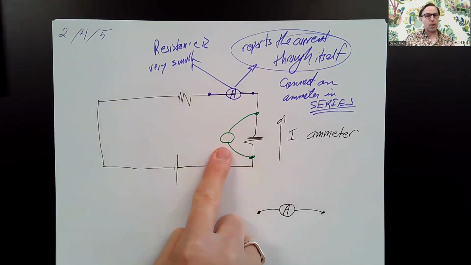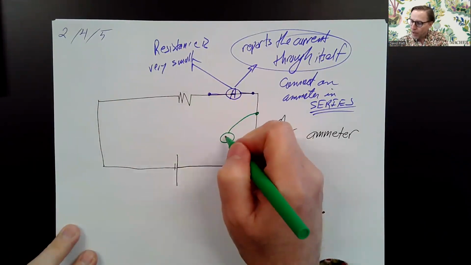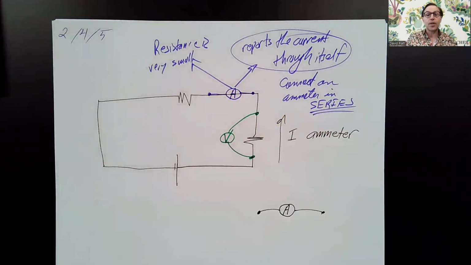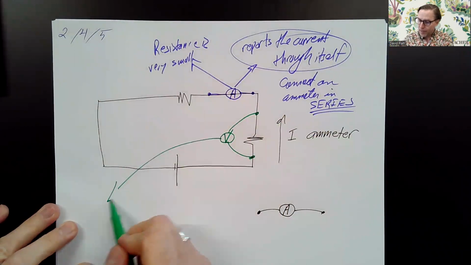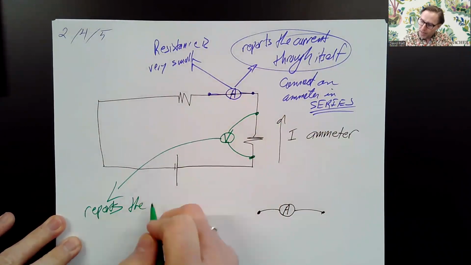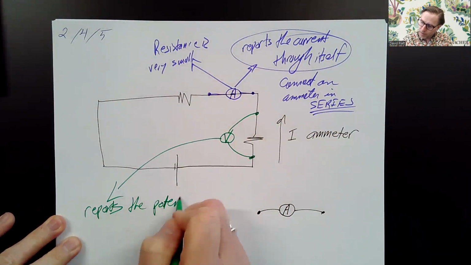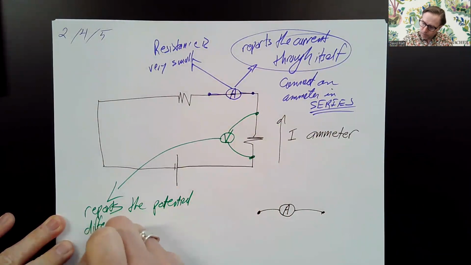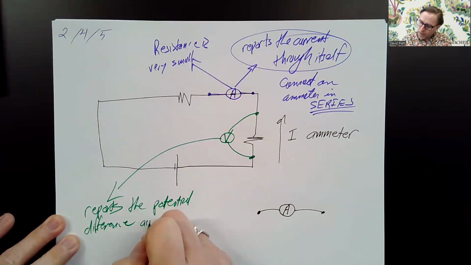Now, why did I draw this other thing? Well, because this is going to be something we call a voltmeter. It's going to tell you the potential difference across itself. It reports the potential difference, which is the voltage across itself.